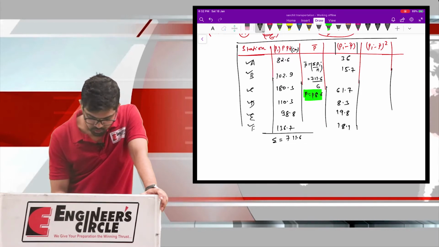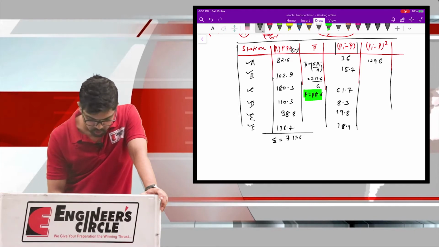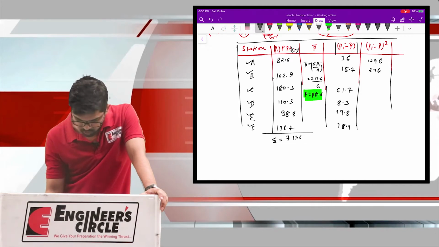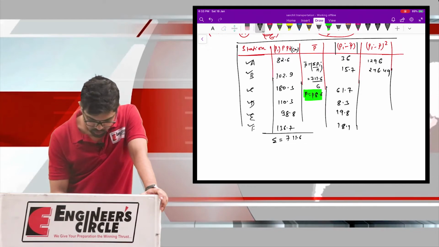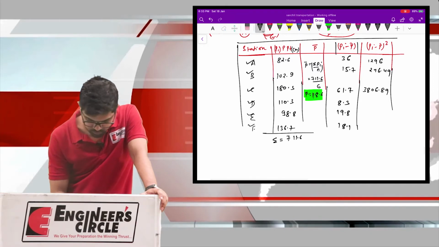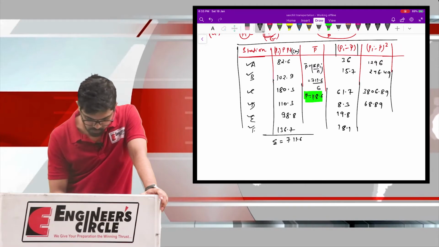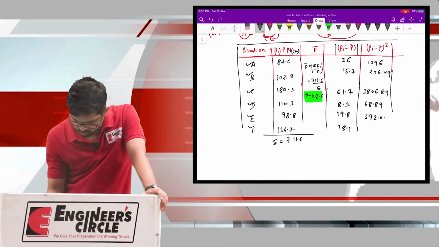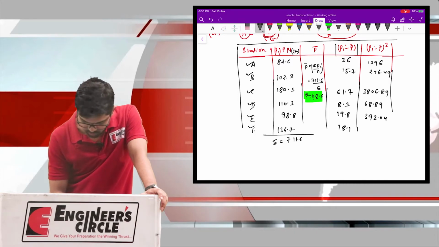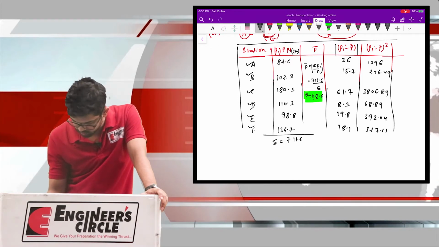Now take the square of these values. 36 whole square is 1296, then 15.7 whole square is 246.49, then 61.7 whole square is 3806.89, 8.3 whole square is 68.89, then 392.04, then 18.1 whole square is 327.61.